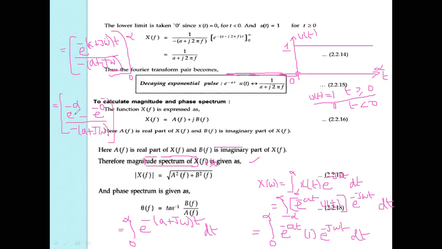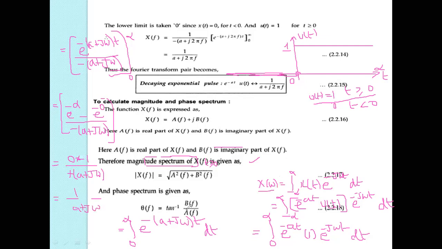I already told you, e power infinite is always 0, minus e power 0 is always 1, by minus a plus j omega. The numerator has a minus and the denominator has a minus, so both get cancelled. Finally you'll get 1 by a plus j omega.